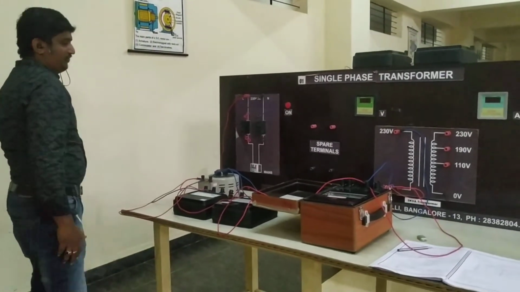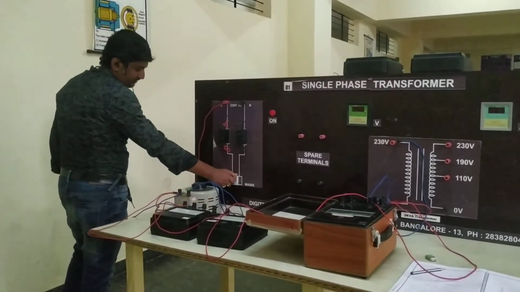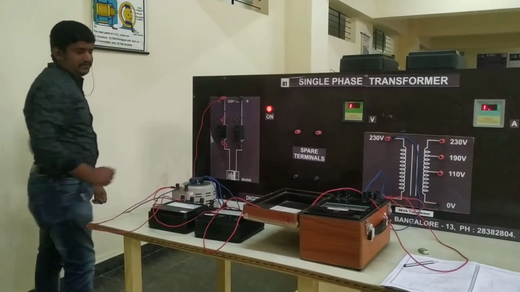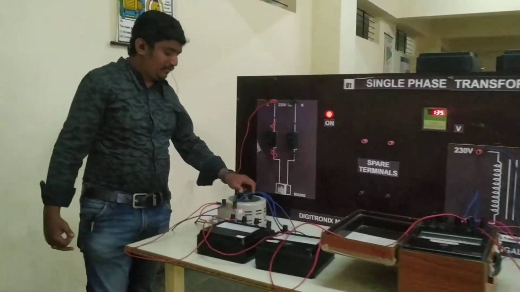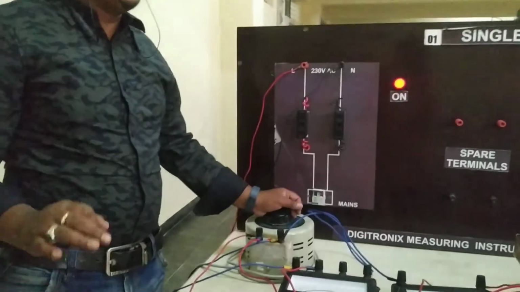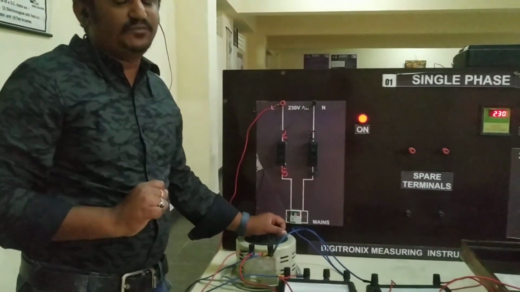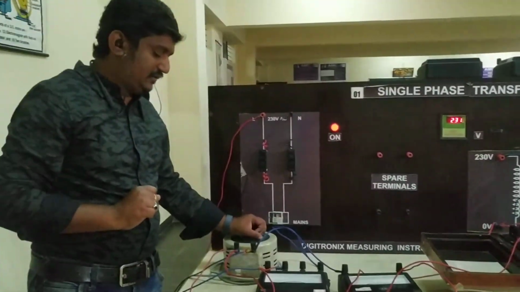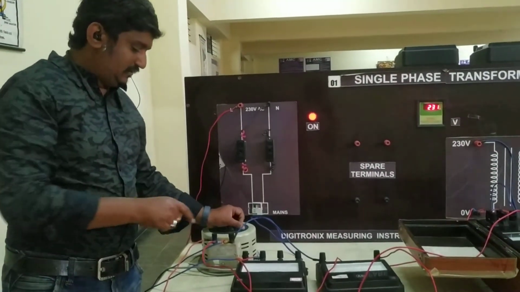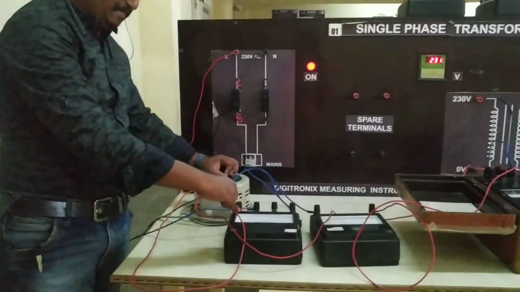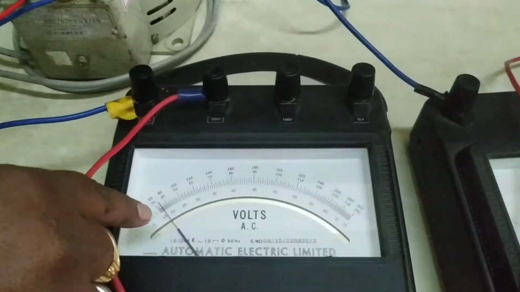Now we have to switch on. Now I am going to do the OC test. We have to apply the full 230 volts, not 300 volts, because the transformer voltage rating is 230. So I am applying 230 volts. You can see the variation. You can vary this up to 230.